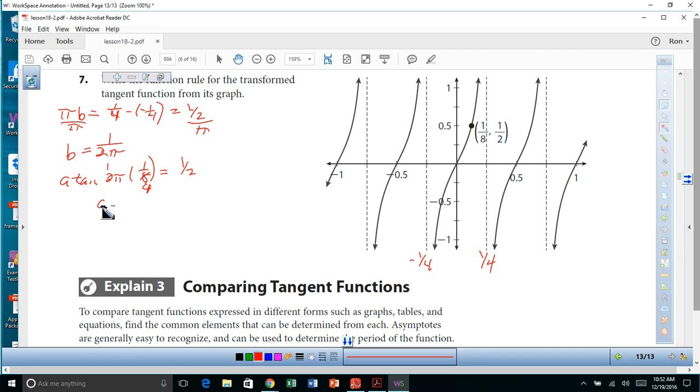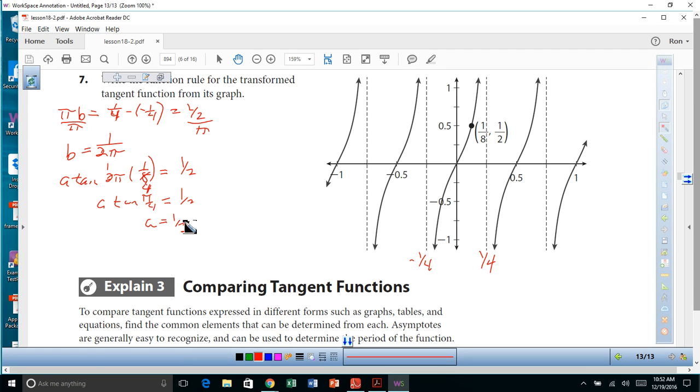So you get a tangent of pi over 4 equals 1/2. Well, we know tangent of pi over 4 is 1, so a equals 1/2.